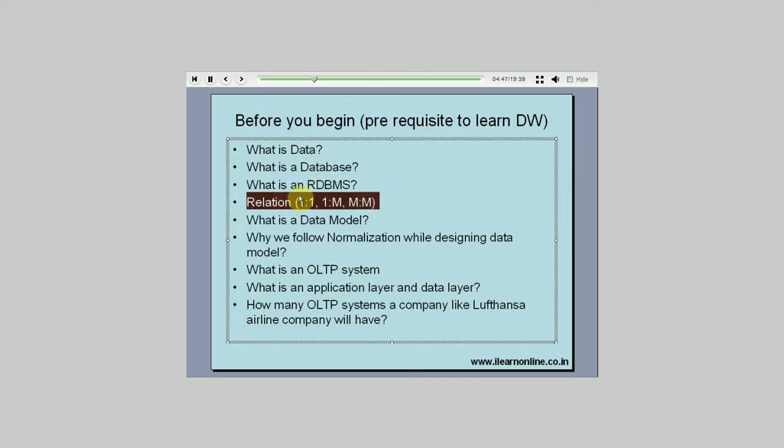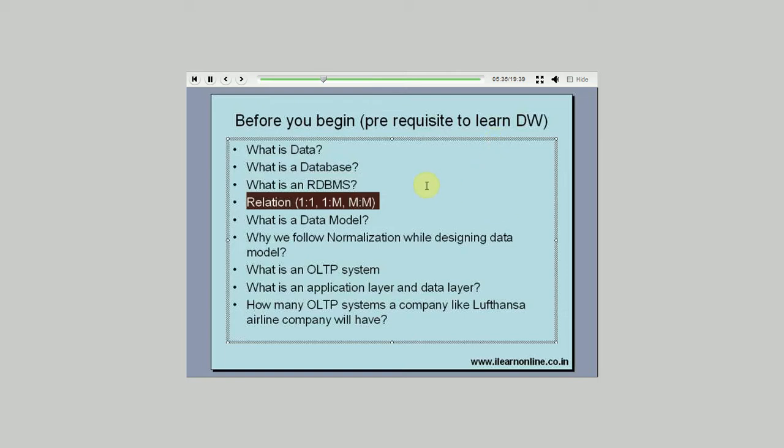Now when it comes to relation, what do we mean by relation? A relation is nothing but the relationship we have between two different tables. If you take an example of a customer and an employee, maybe one employee serves multiple customers in their questions. In the same way, when a customer calls the company, the customer can be answered by any employee.